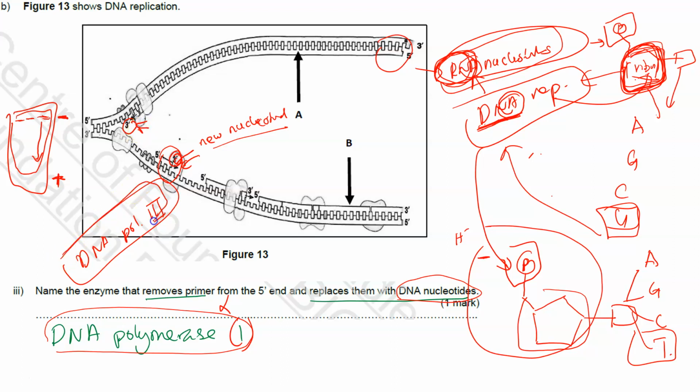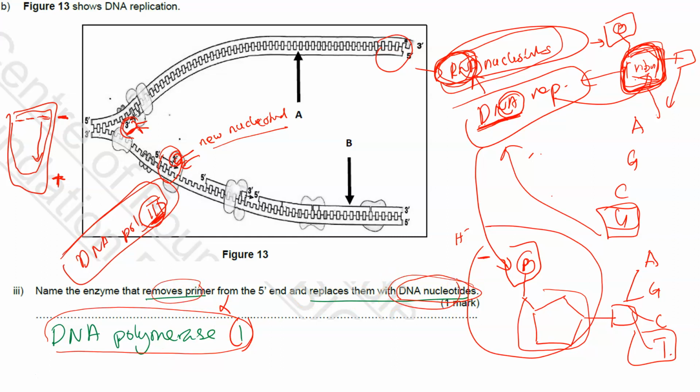So an easy way of memorizing or understanding the function of these two enzymes is that for DNA polymerase 3, it adds new nucleotide to the 3, kan, dua-dua tiga kan, to the 3' end of the elongating strand. Okay, DNA polymerase 1, remove primer, replace with DNA nucleotide.